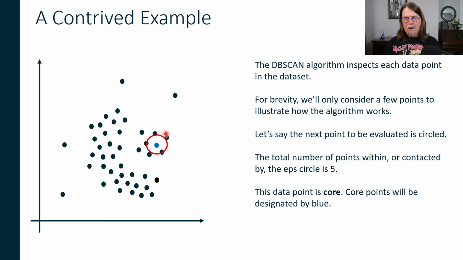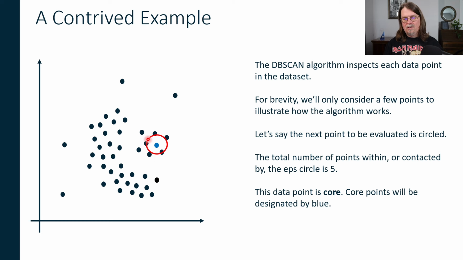So we center our EPS circle on this point, and then we count up the number of data points that are touched or encompassed by the circle, including the point itself. So 1, 2, 3, 4, 5, 6. Actually, let's say for the sake of argument that we don't include this guy.